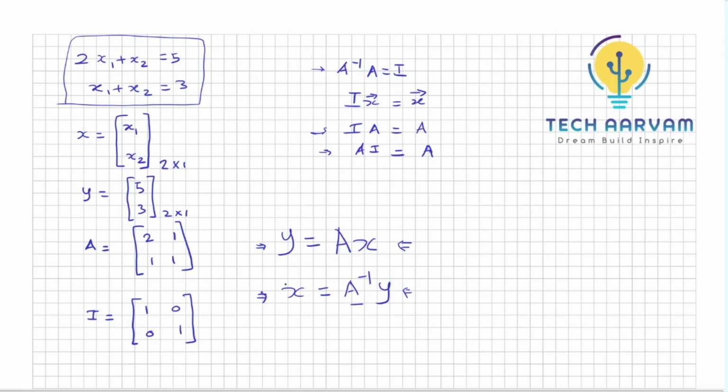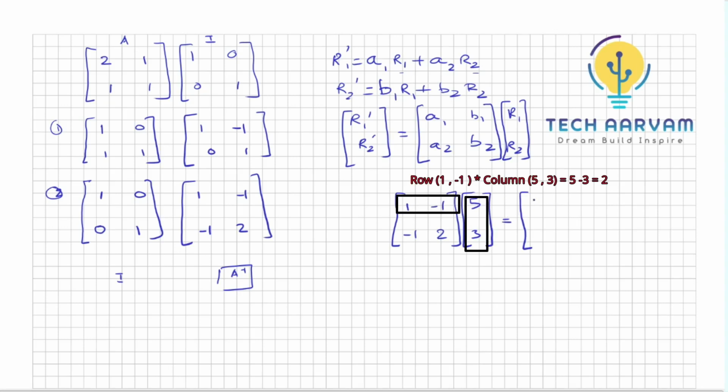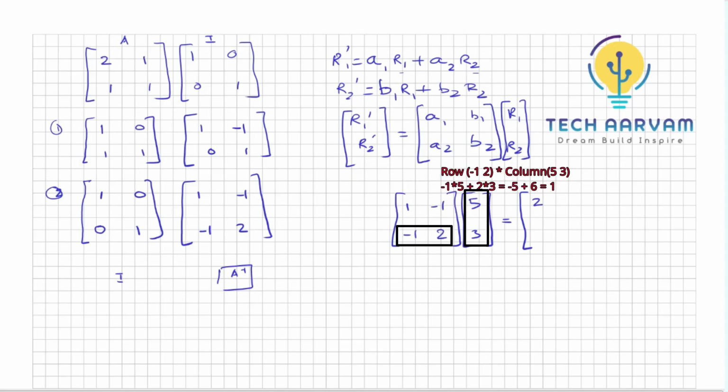X equal to A inverse Y should give us the X. To recollect, Y is 5, 3, that is the price of box A and box B. So if I take 1, minus 1, minus 1, 2 and apply that to 5, 3: 5 minus 3 gives us 2. Minus 5 plus 6 gives us 1. So we did get the same answer as before. 2 is the price of the pen and 1 is the price of the pencil.